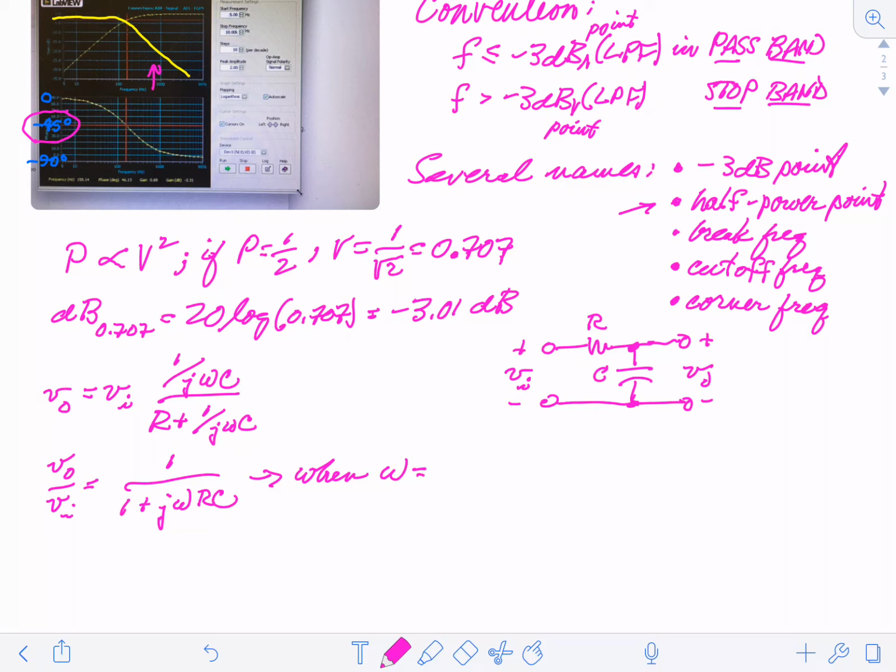And so now the question is, when omega equals 1 over RC, then V out over V in equals 1 over 1 plus J1, right?